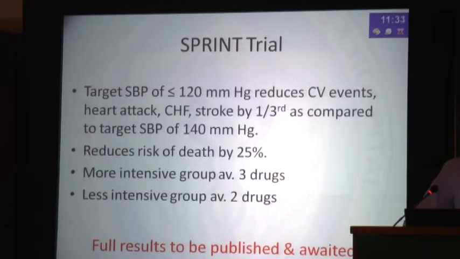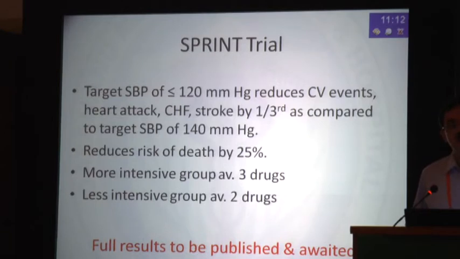What they found was that a target systolic blood pressure of less than 120 reduces cardiovascular events, heart attack, congestive heart failure, and stroke, by one third as compared to a target systolic blood pressure of 140. The risk of death is reduced by 25%.